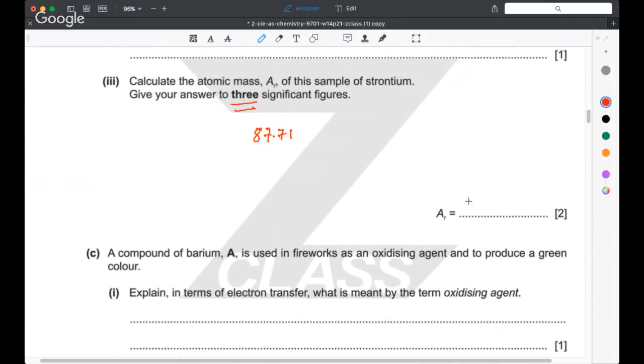All right, so the examiner is expecting an answer there of 87.7. That's 3 significant figures. And students lost a mark, actually, if they put this value down, which was the result of the calculation, and didn't gain full marks for putting the 3 significant figures here.